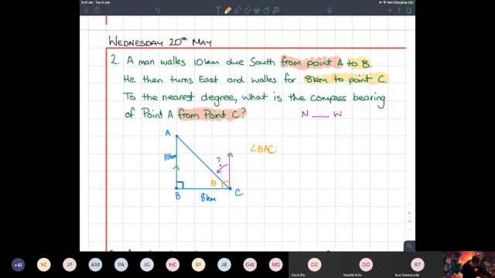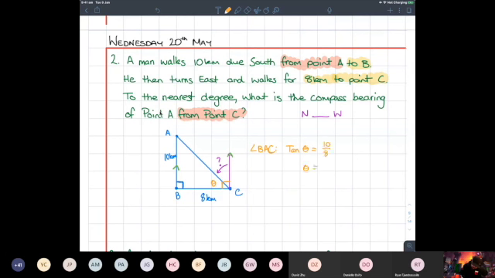For angle BAC, I have an opposite and an adjacent side, so tan of the angle is equal to opposite over adjacent, 10 over 8.